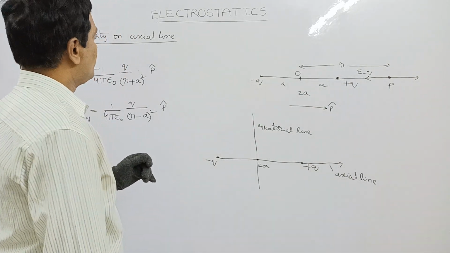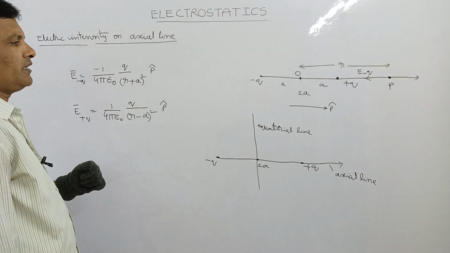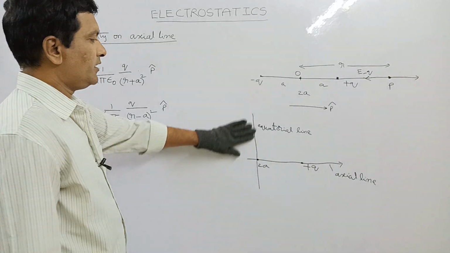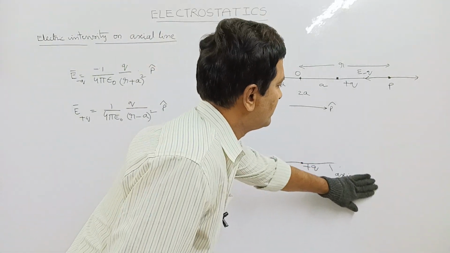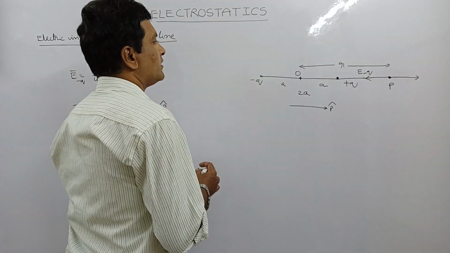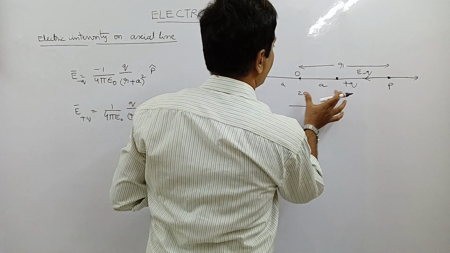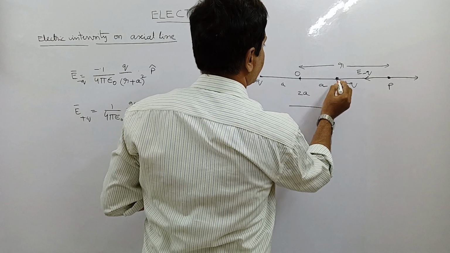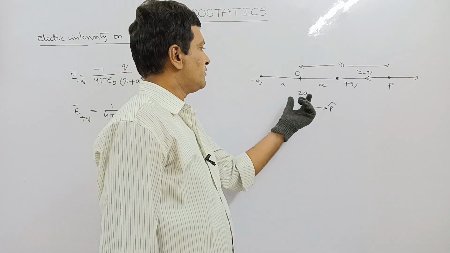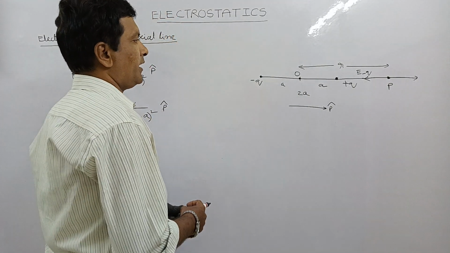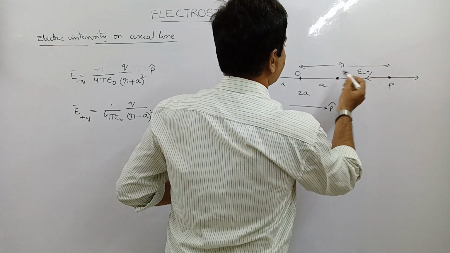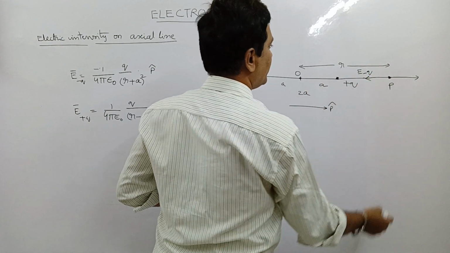So first we will see how the electric intensity at a point on the axial line will be. First, in this diagram, this is a dipole, minus q and plus q, separated with a distance of 2a, and a point P is considered at a distance of r, small r, from the center of the dipole.